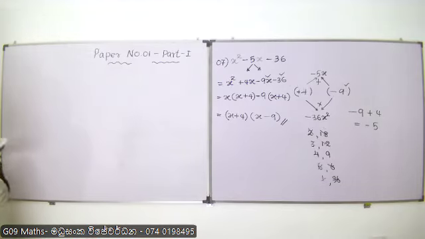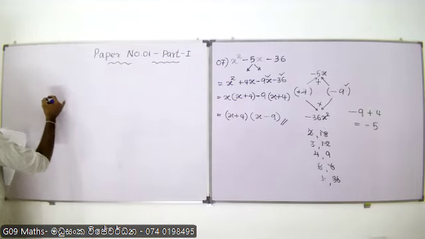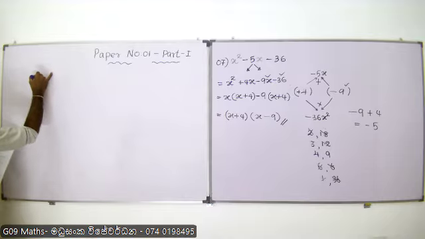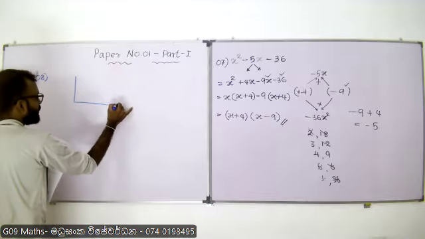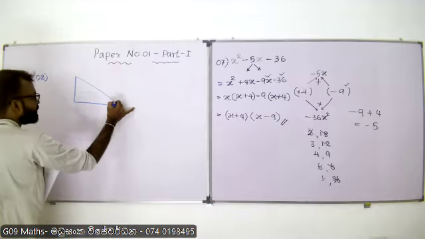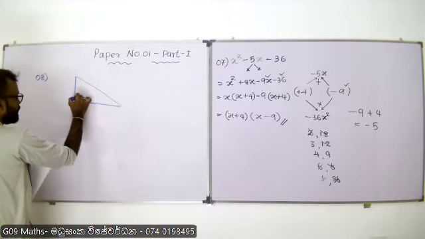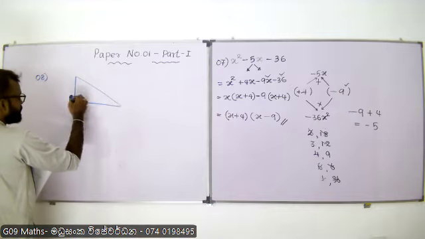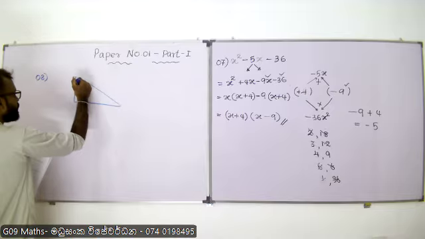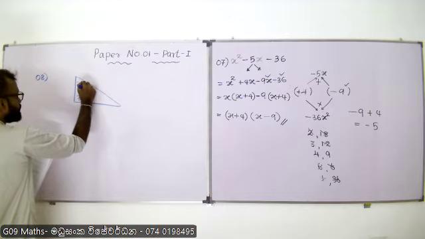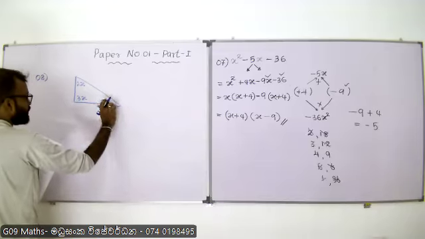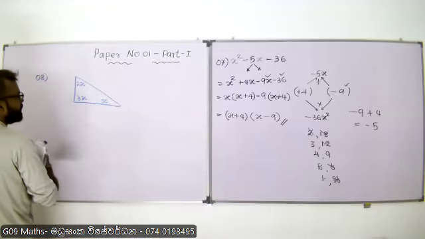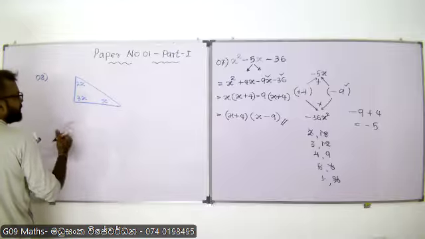So, you have a right angle triangle or something here, but we cannot say it is a right angle triangle because they haven't given it. And this is 3x, this is 2x, and this is x. So these angles' magnitudes have been given: 3x, 2x, and x.